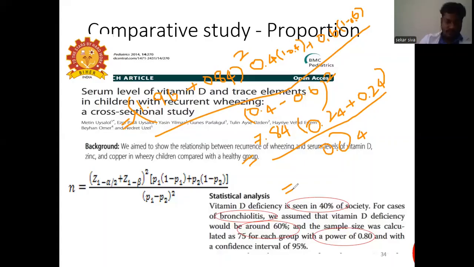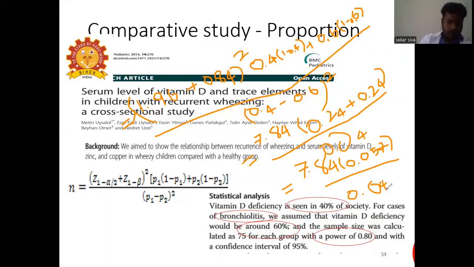So 0.24 into 0.24, that is 7.84 into 0.057 divided by 0.04.